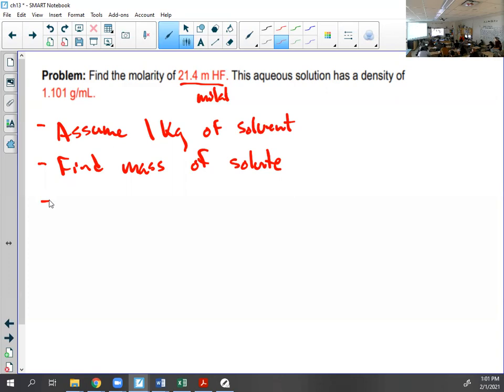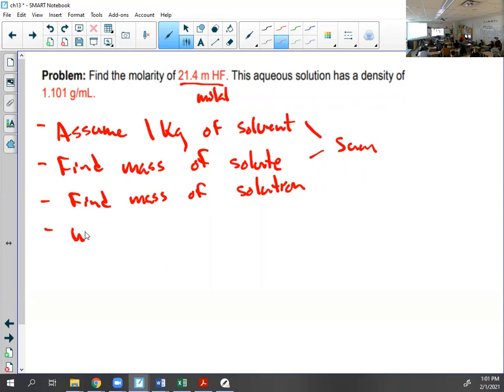Third step, find the mass of solution. The hydrogen fluoride, or hydrofluoric acid, is technically what this is. Now, the mass of the solution is just these two added together, the sum of those. So it's always 1,000 grams plus whatever this is.